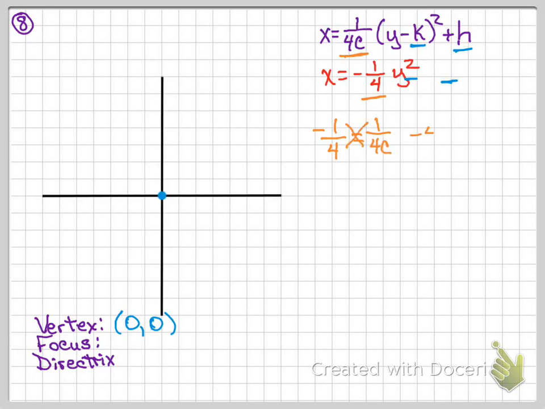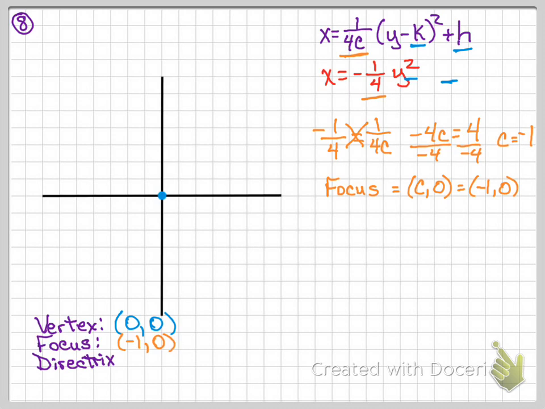1/4C is equal to -1/4. We cross multiply and we end up with -4C equals 4. Divide by -4, so C is equal to -1. For x equals, the change is in the x position, so our focus is -1, 0. Our directrix will also be x equals, and that's x equals -C.